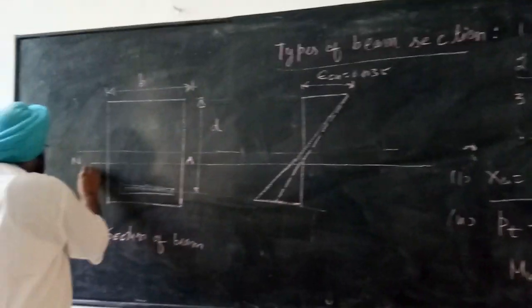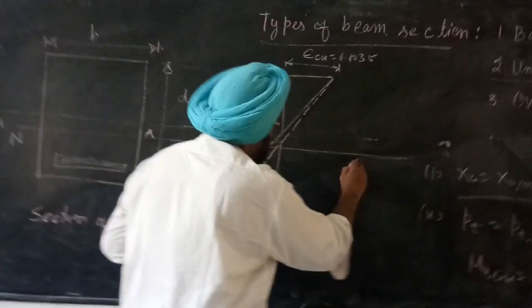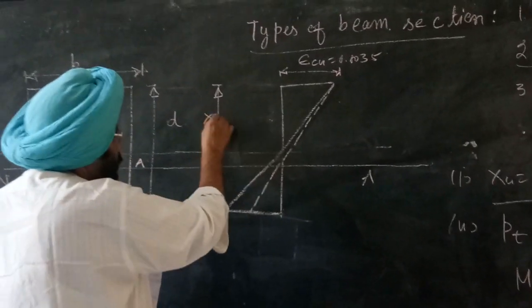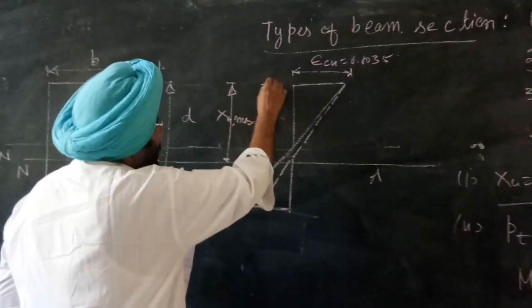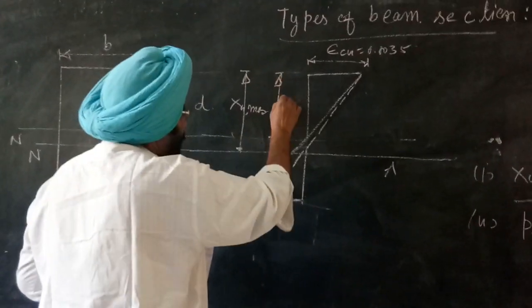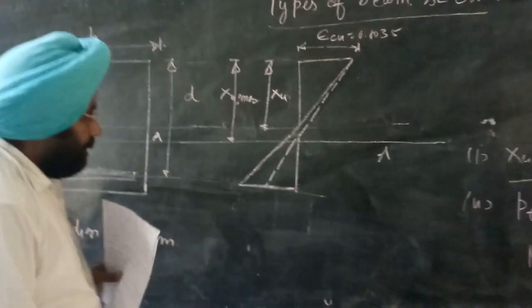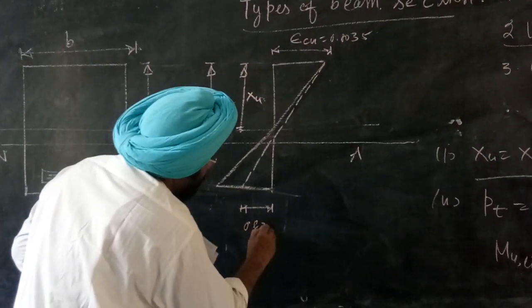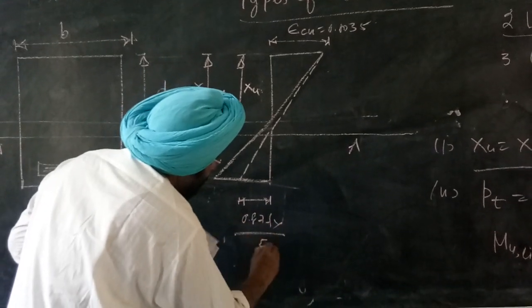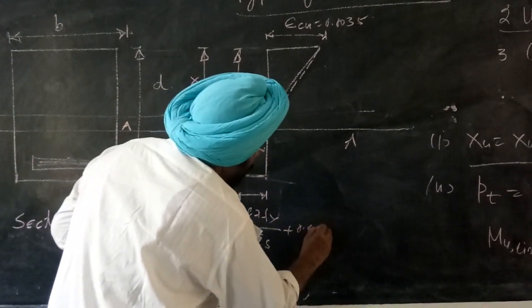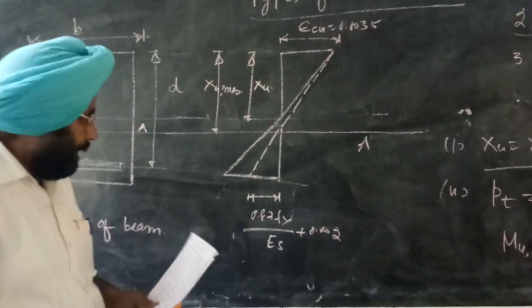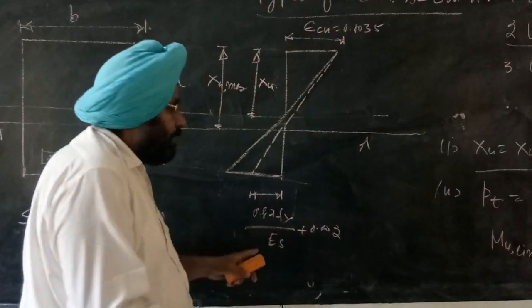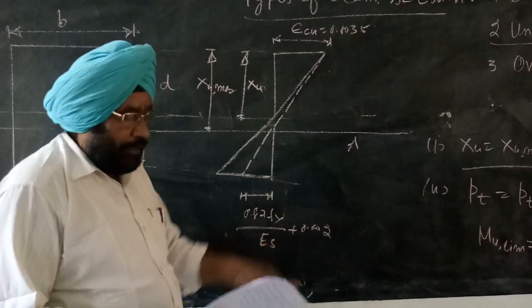This is the depth of the neutral axis for balanced section, that is xu max, and this is the depth of the neutral axis for under reinforced section. So the strain in steel at the time of limit state of collapse will be more than 0.87 Fy upon Es plus 0.002 for under reinforced section.